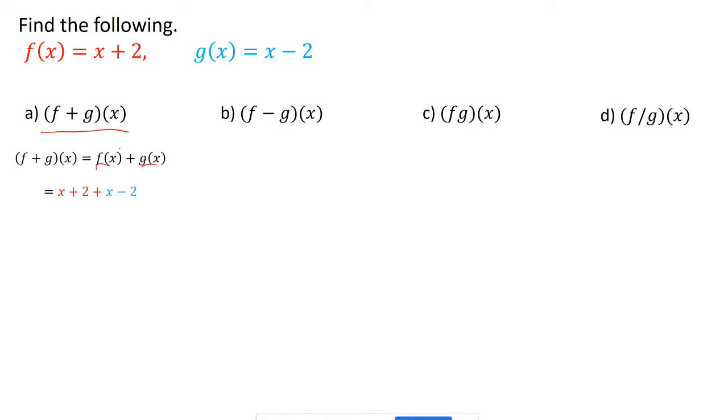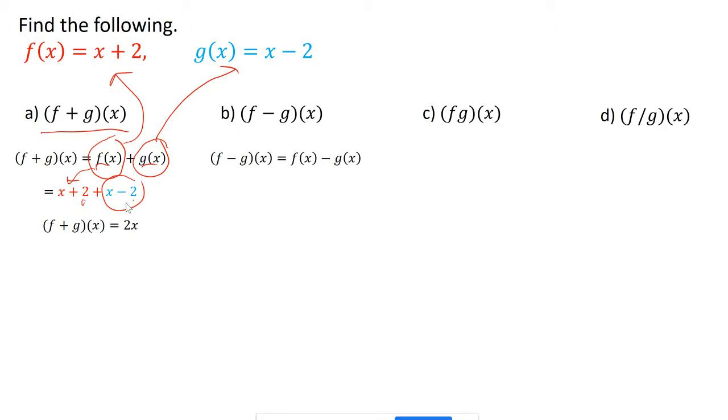So then for f of x, I know that it's x plus 2, so I substitute x plus 2. And g of x I know is x minus 2, so I substitute x minus 2. And then we're going to combine like terms. So I have x plus x gives me 2x, and 2 and negative 2 gives me 0. So my answer there would be 2x.